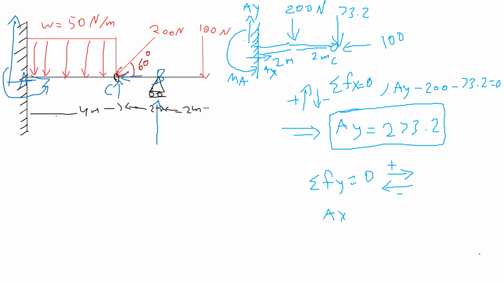I only have these two reactions on this side, so I'm going to go minus 100. It's going to give me Ax equal 100. So what I'm left with is only one unknown, which is the MA.